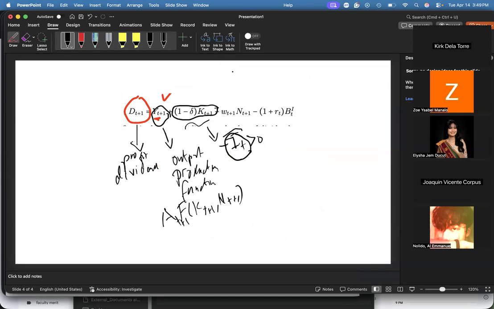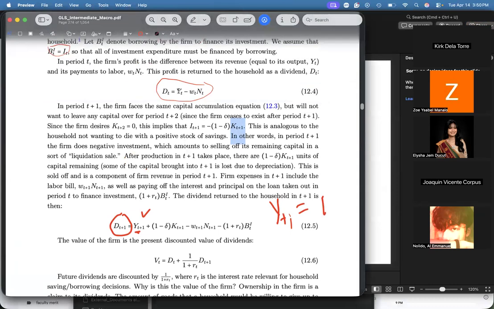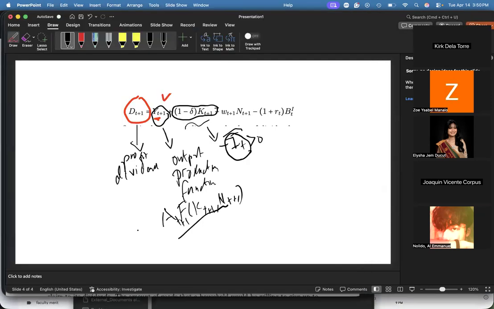Is everyone clear about the sources of income? What's the first source? Production function. Right? Which is also the same thing as in period 1. Production function rin siya. It's the same thing as in period T plus 1. Okay?